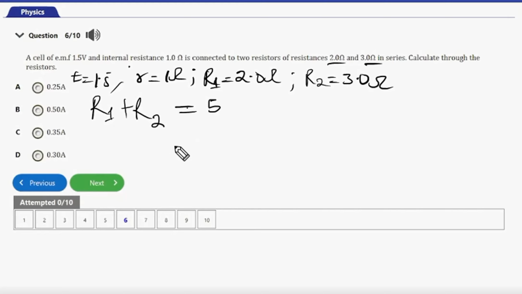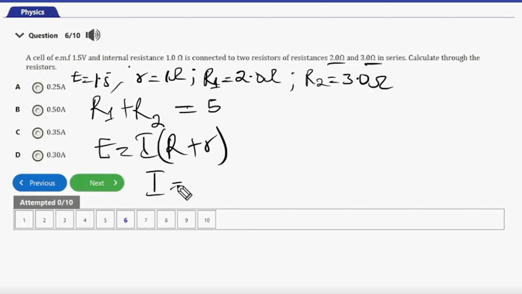And now that we've gotten the resistance, we already know that E is equal to I times this. So in order for us to calculate the current here, it's going to be E over R plus r, where E is 1.5, and then R here is 5, and then the internal resistance here is 1.